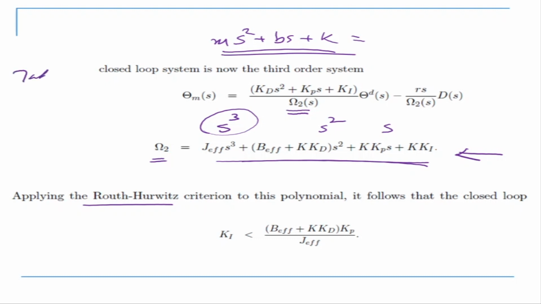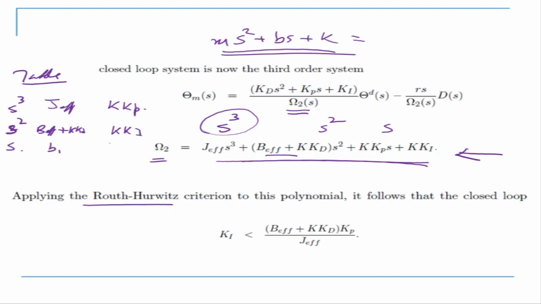So we make the Routh table, and in the Routh table it will be s cubed, s squared, and then s. The first entry is going to be J effective. The next is going to be K Kp. Then the second term is going to be B effective plus K Kd, and the fourth term will be K Ki.